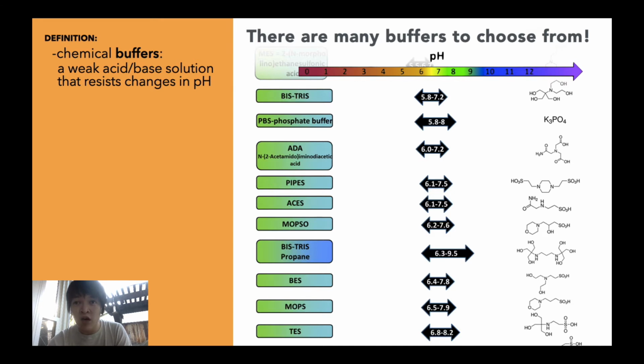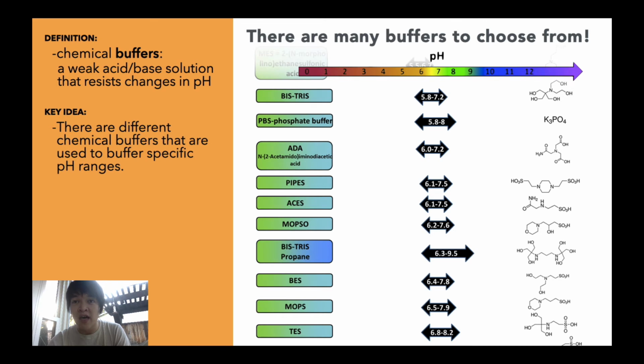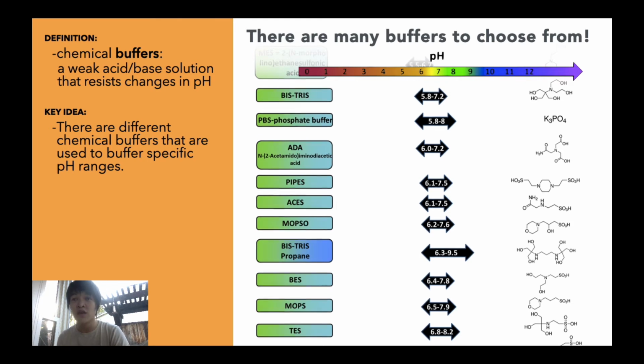The key idea, however, is that there's a whole bunch of chemical buffers that can be used to buffer specific pH ranges. So depending on which pH range you want to keep your solution at, there's likely a selection of buffers that you can pick from.